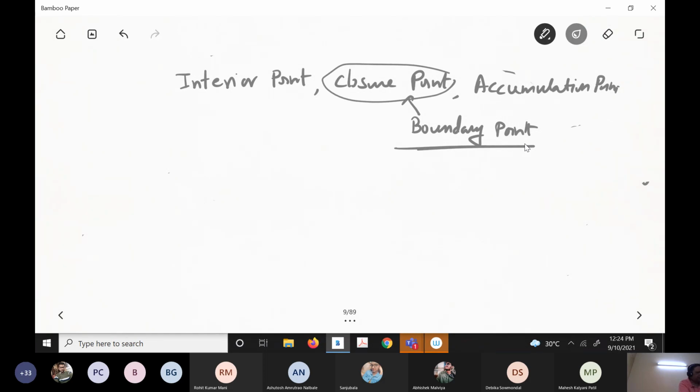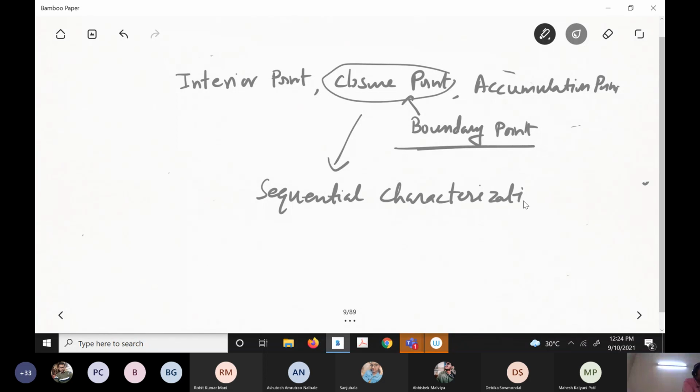So basically these three points. In metric space, the idea is the sequential characterization of closure points first. Once you have it, we have this also. These two are very useful.